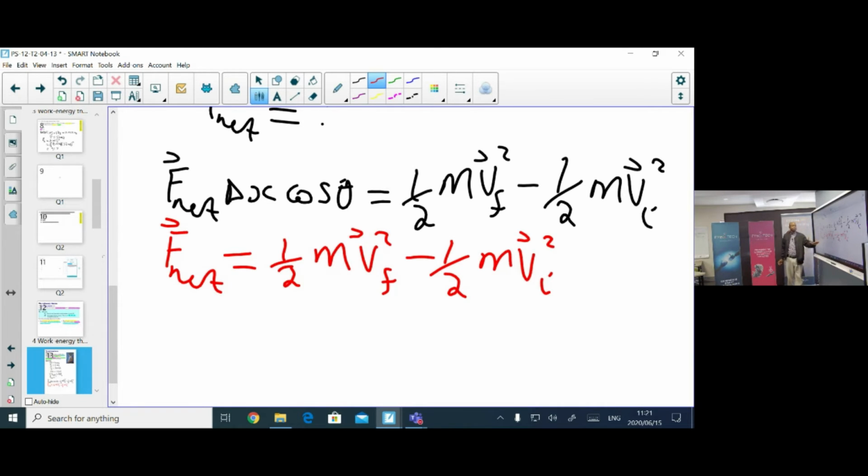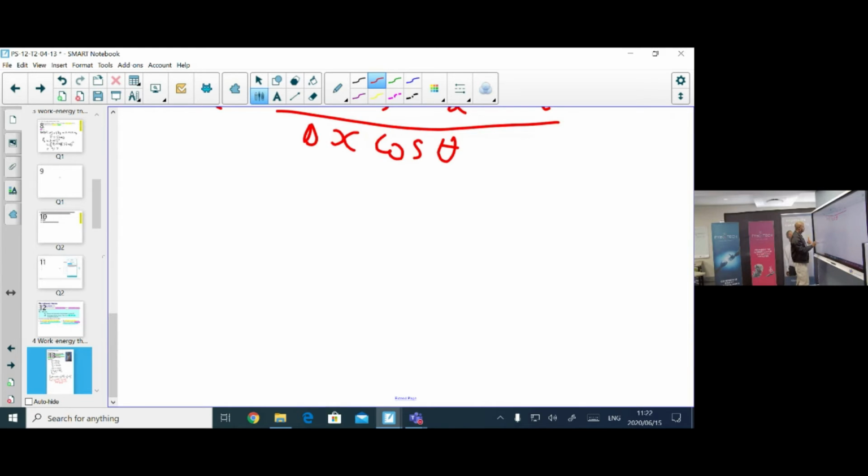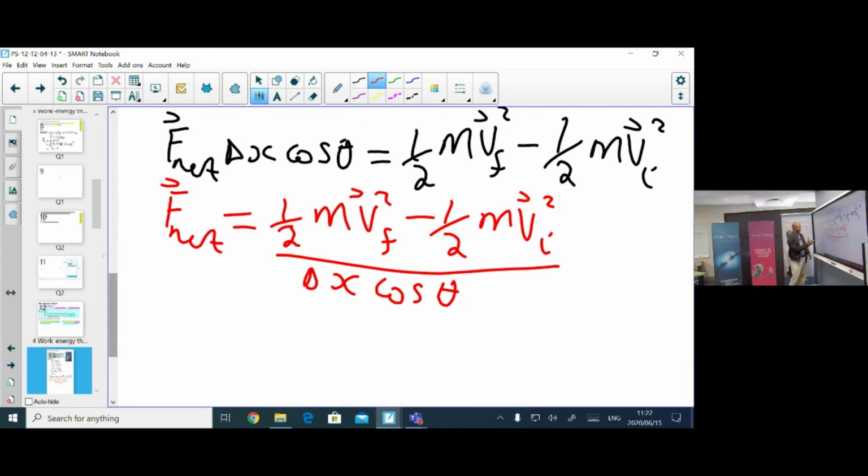If you can look at that, I just copied as it is, and then you have to divide by change in x cos theta. I didn't do anything.